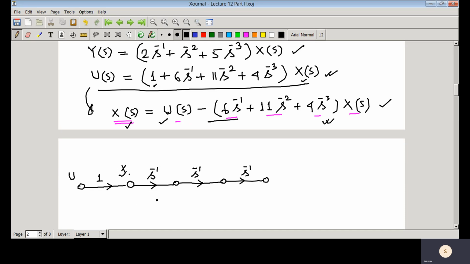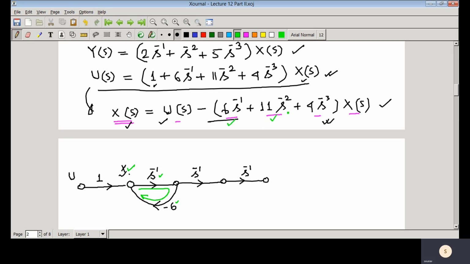So minus 6 s to the power minus 1 means, if I just make one loop here, that is if I say that this is minus 6, then you can see here this signal is going and again coming back here. So that is x equal to minus 6 s to the power minus 1 into x. So the first term we get.